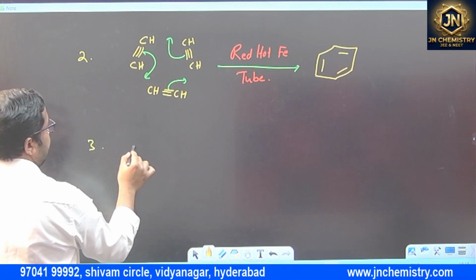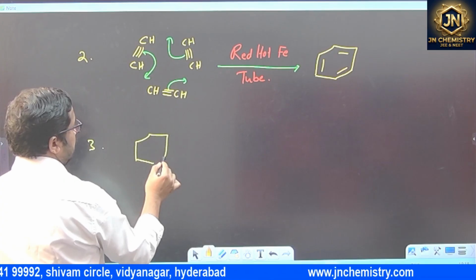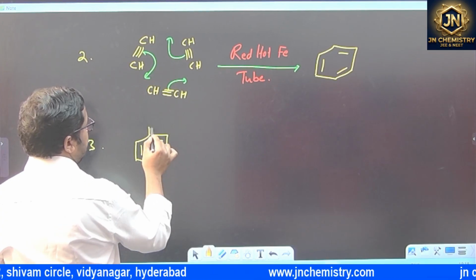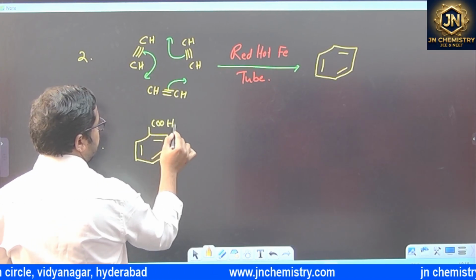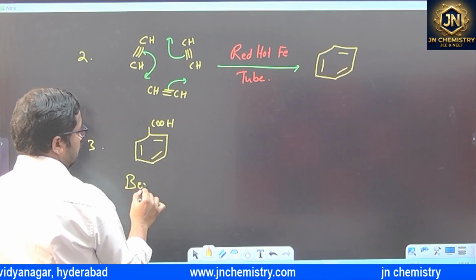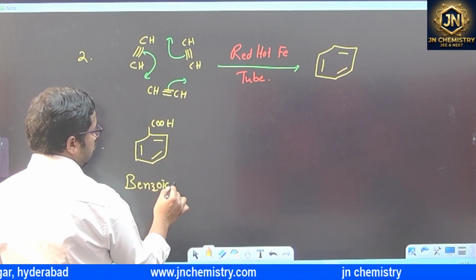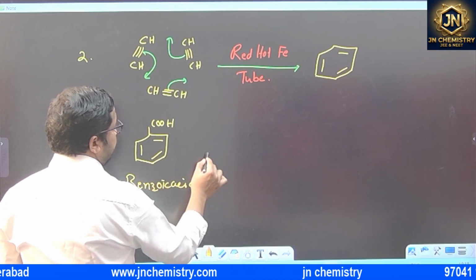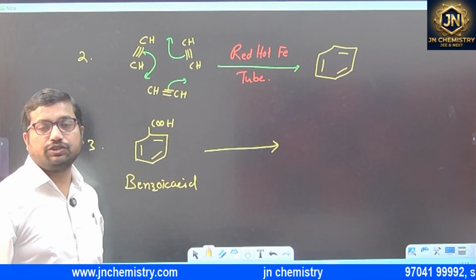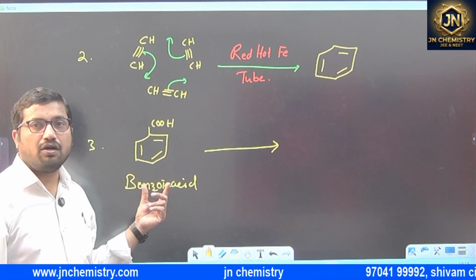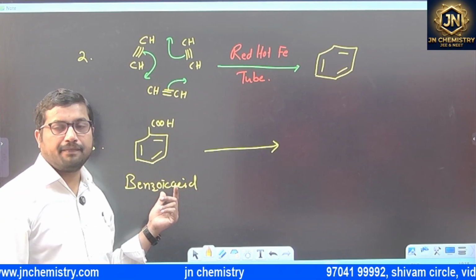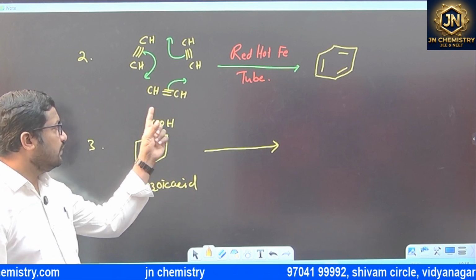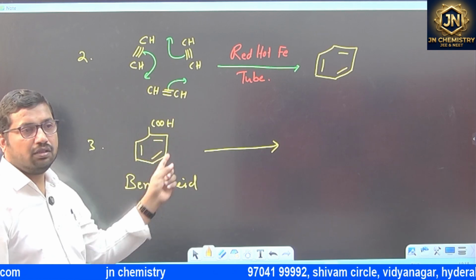From carboxylic acids, for example benzoic acid. How can we prepare benzene from benzoic acid? Let me know. We need to remove the COOH.